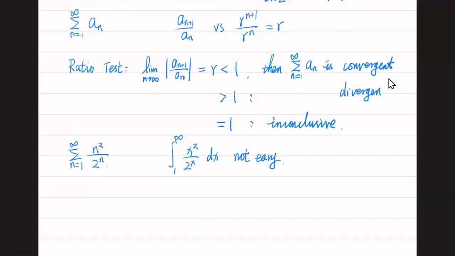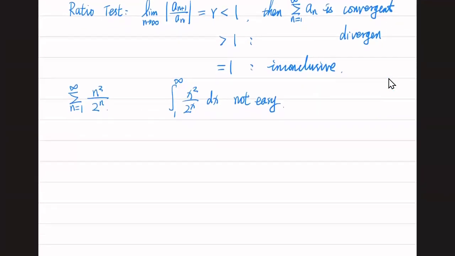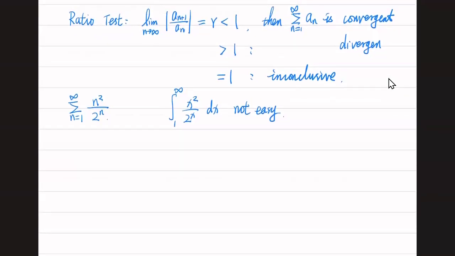Maybe it can be done, but what we do here is find the limit of the ratio. This is our an. What's the ratio? First will be an plus 1. I'm going to replace n by n plus 1. And 1 over an. I flip the second one, get n.